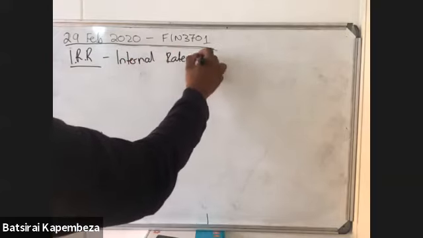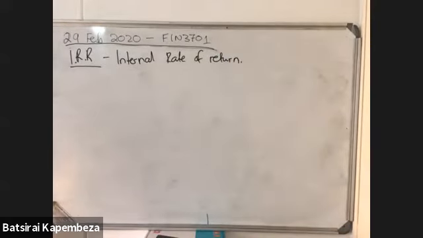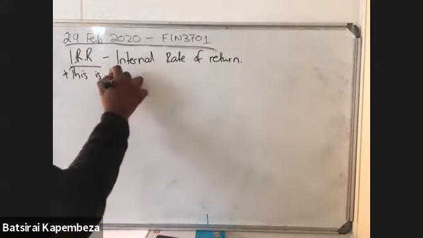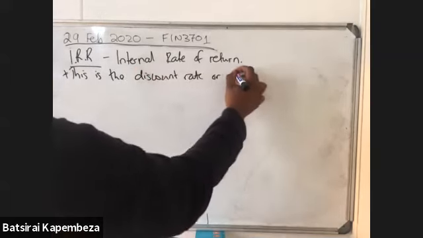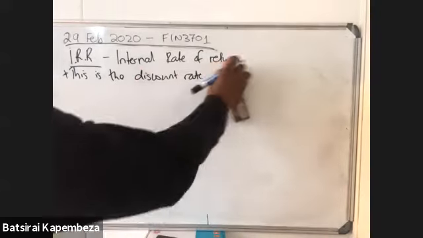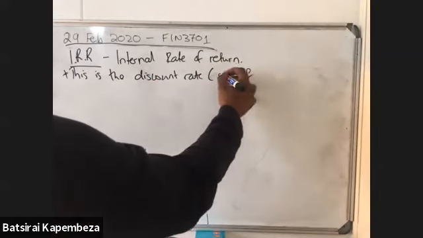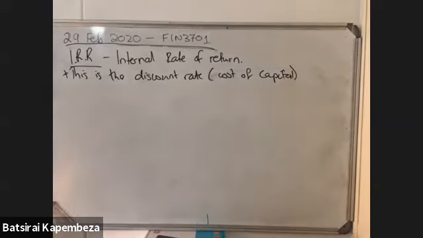Now, with the internal rate of return, this is a discount rate or the cost of capital. Remember, we said discount rate and cost of capital mean the same thing. This is the discount rate, or I can put this in brackets because they mean the same thing, cost of capital. So this is the discount rate, meaning the cost of capital.